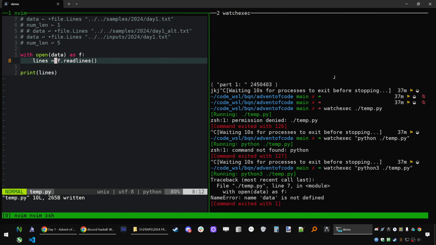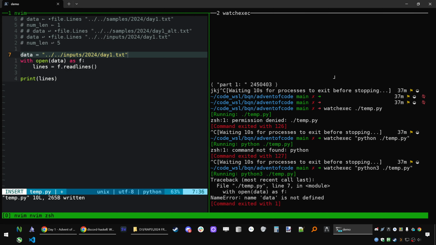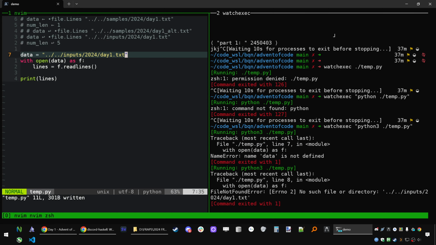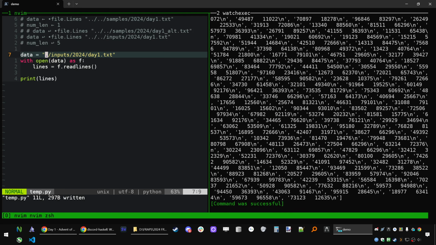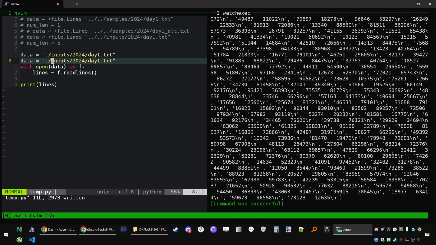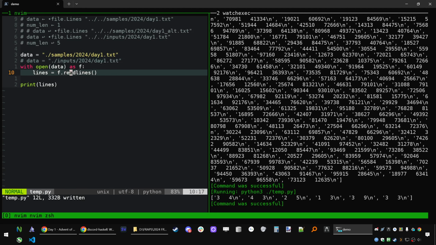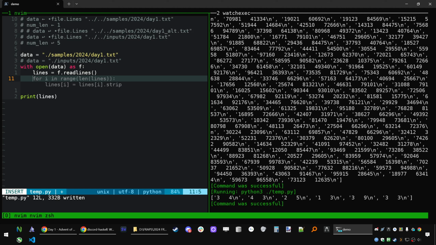Okay, perfect. Data, of course, you don't know what data is because I haven't told you what data is. That's because Python actually uses relative paths like a reasonable person. Excellent. Let's go to sample. I'll put samples first and then just comment out the second one. That's good. Lines equals read, split, right?